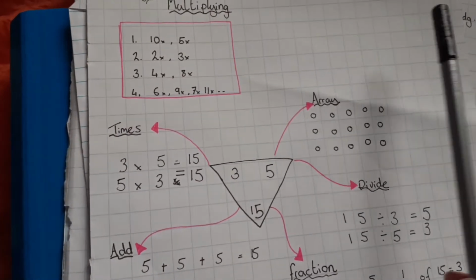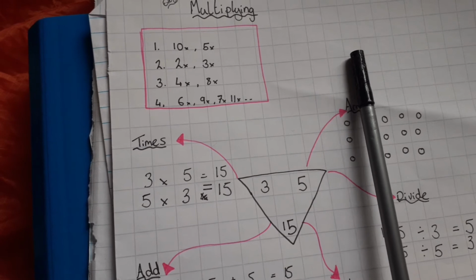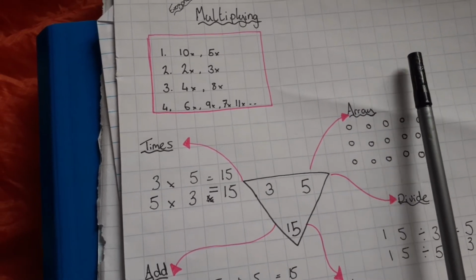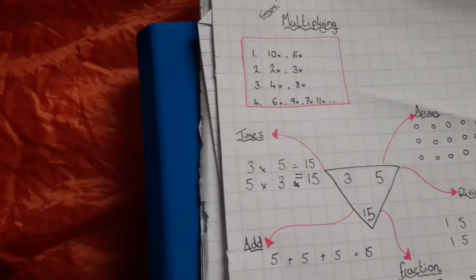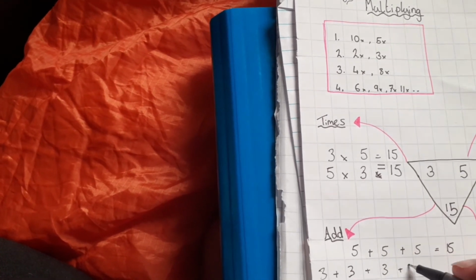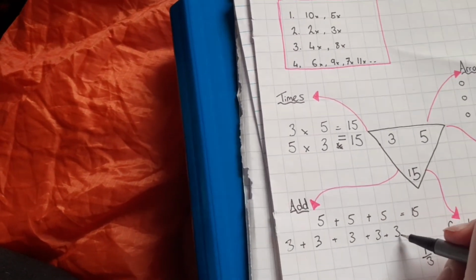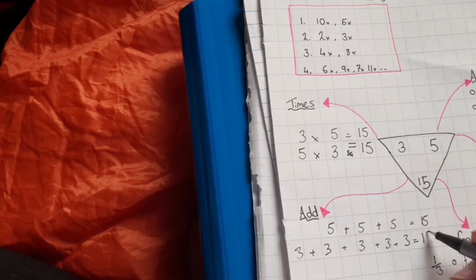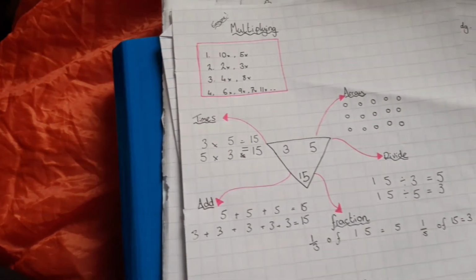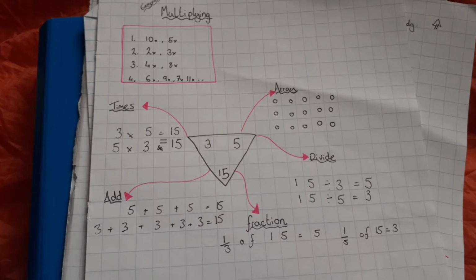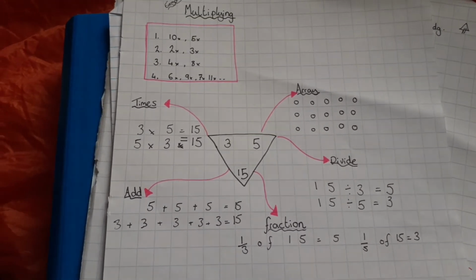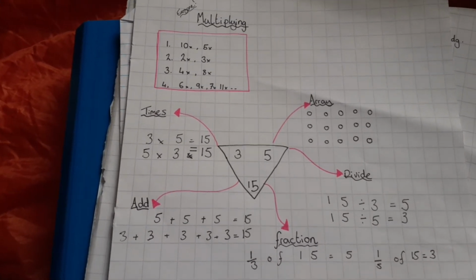I can also say 3 add 3 add 3 add 3 add 3 equals 15. Oh my goodness, can I fit that in down here? There are lots of different ways to represent one sum.